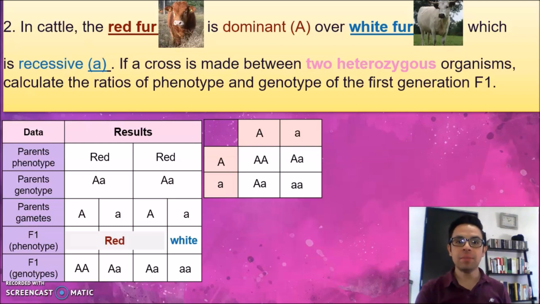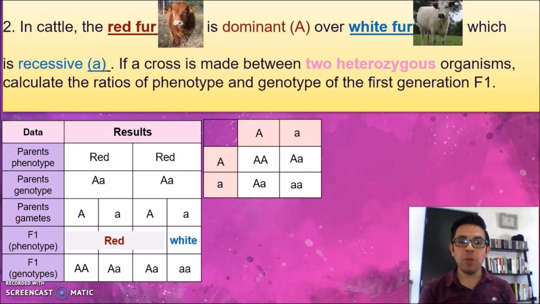Now, because the problem is asking for the ratios, each square inside the Punnett square is going to have a 25% worth. Remember that the internal part of the Punnett square does not represent actual organisms. They represent the possibility of having certain genotype or phenotype. So it's going to have 25% multiplied times 4, the 100% possibility that we have for the offspring.